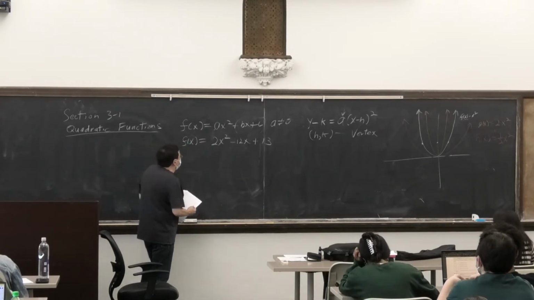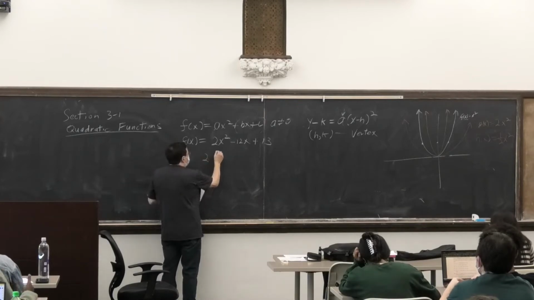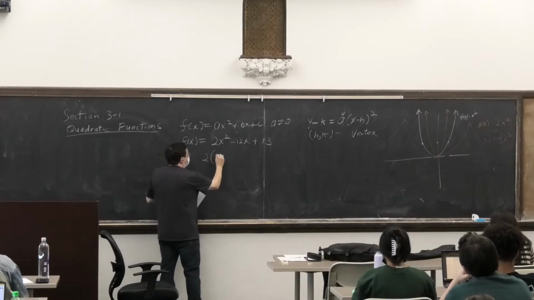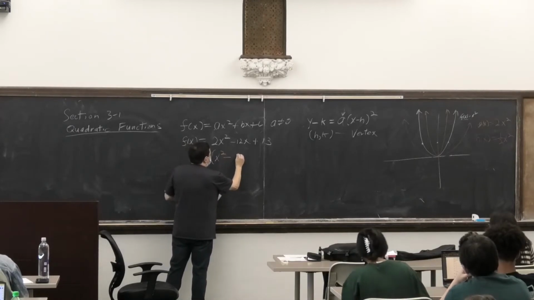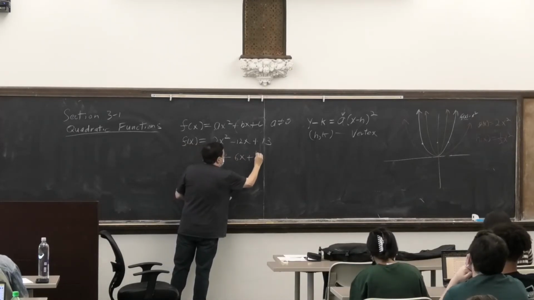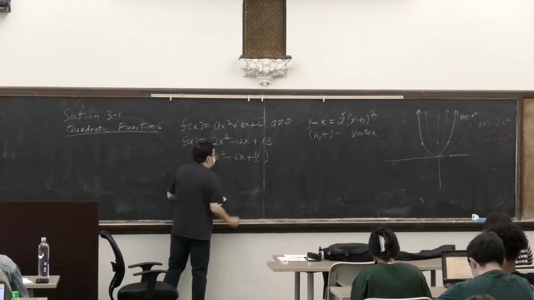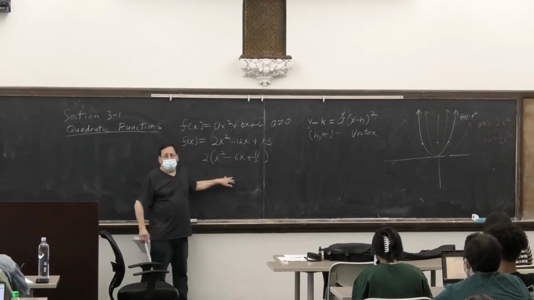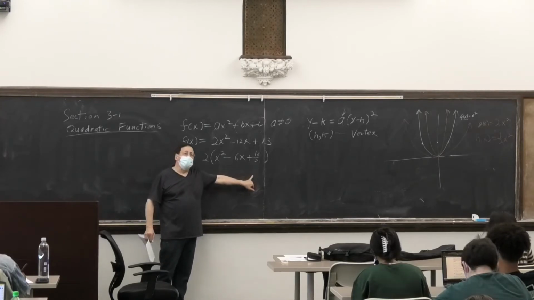Well, first thing we want to do is remove this leading coefficient. We want to factor it out. We'll see why in a second. Next thing we want to do here is complete the square.